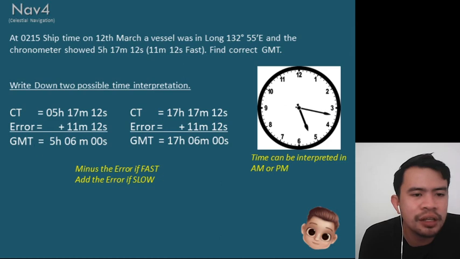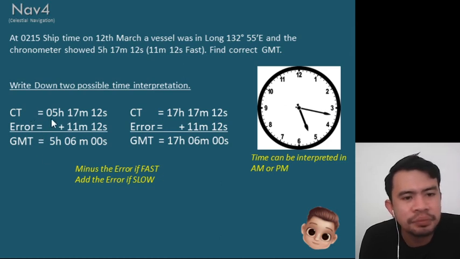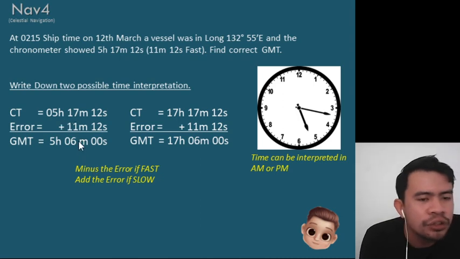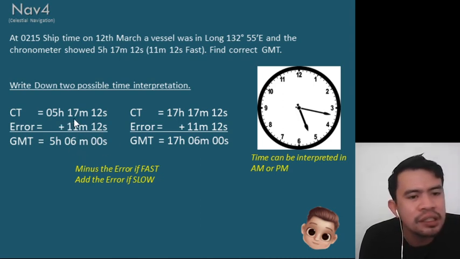So, ang gagawin mo lang, we will apply the error natin. I-apply natin si error natin, which is 11 minutes, 12 seconds fast. So, kapag fast, i-minus natin siya. Kapag slow, i-add natin siya. So, in this case, dahil fast, nakalagay, i-minus.